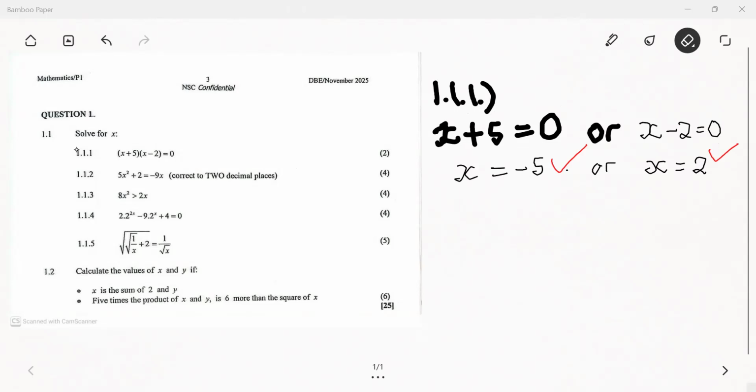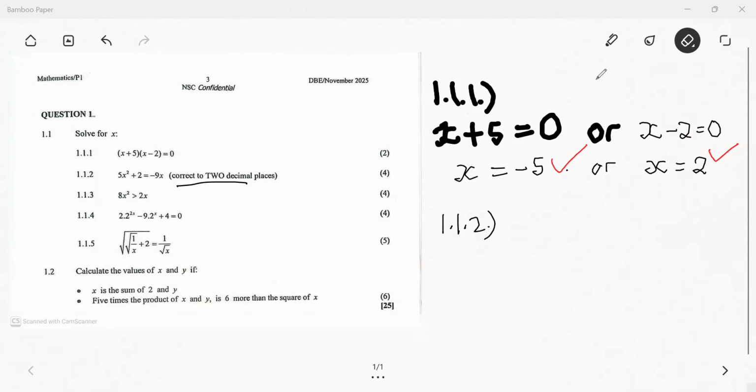The next question, let's go to 1.1.2. Now it says here 5x² + 2x = -9x, correct to two decimal places. Most of the time when they give you the bracket correct to two decimal places, it implies that you will find it useful to use the quadratic formula.